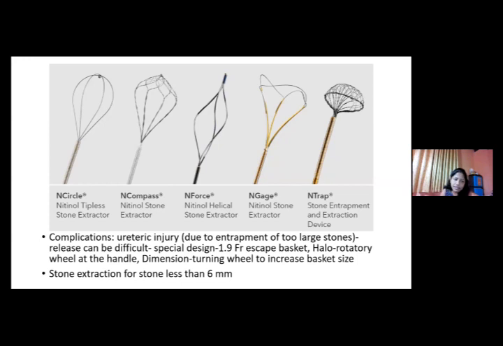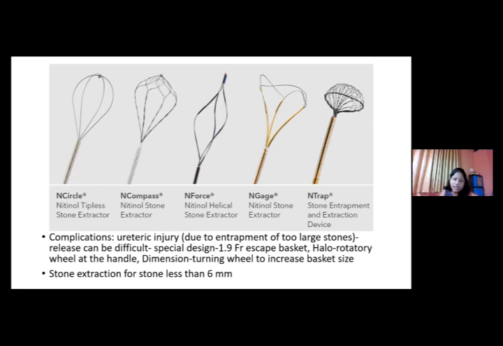Coming to the complications, the main complication is ureteric injury. It happens when we capture large stones or multiple stones. To prevent this, specially designed types are available, such as the escape basket.